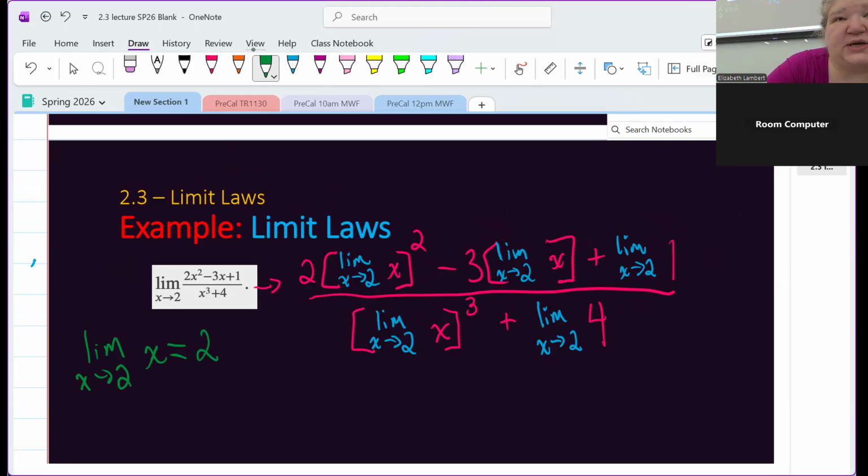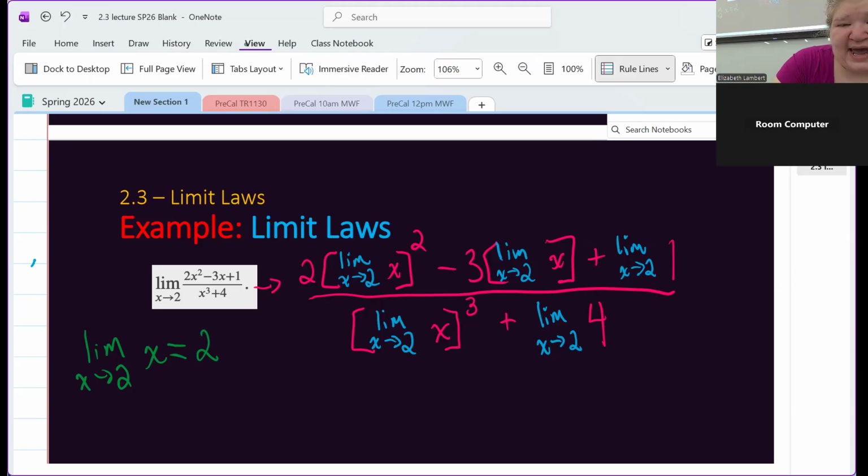So it sounds like a silly question because it is silly. The limit as x is getting closer and closer to 2, and the function we're asking about is just x again. So it's like, well, you said we were getting closer to 2, so pretty sure it's 2. So that means for all of our ones with an x, I can fill in that 2.